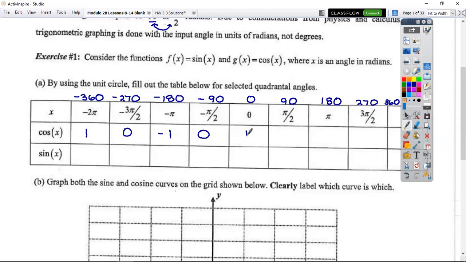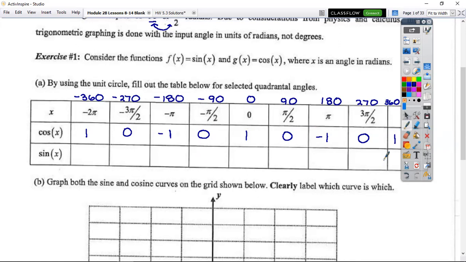It's 1. And then this is just going to repeat a pattern. So what comes after the 1? What did you guys get? 0. And then pi, negative 1. And then 3 pi over 2 was 0. And then 2 pi was 1.